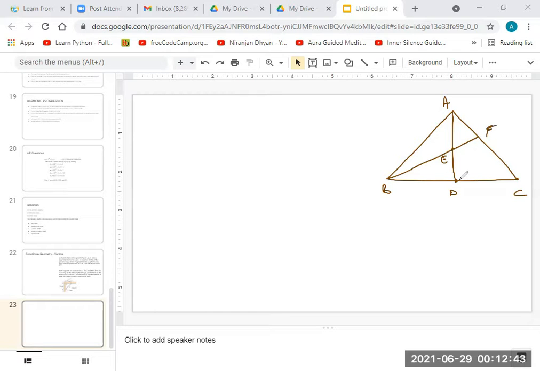Then you have another line drawn from D, which is parallel to EF. Say this is DK. All that you have to prove is that AF is equal to 1 by 3 of AC.